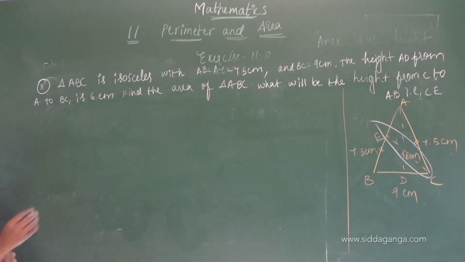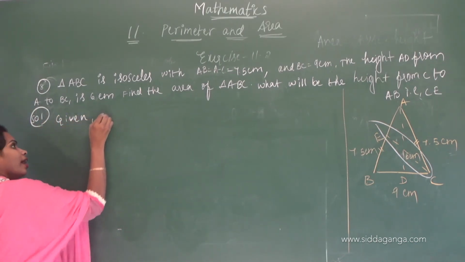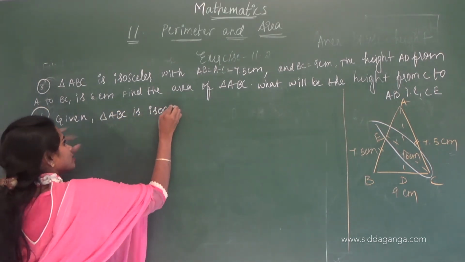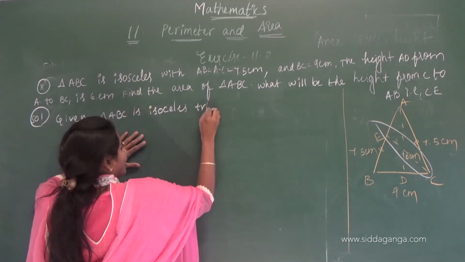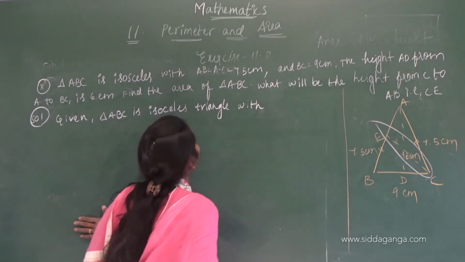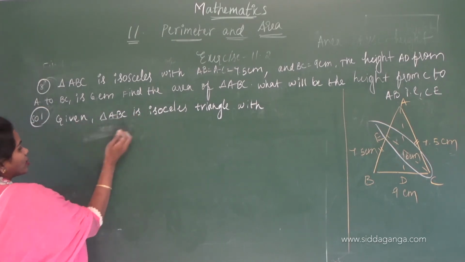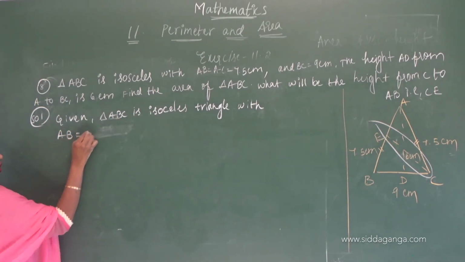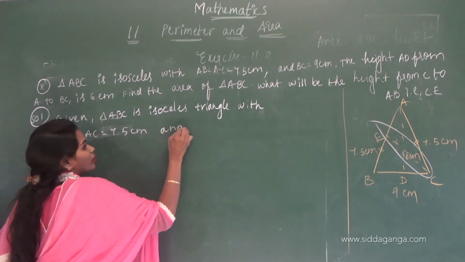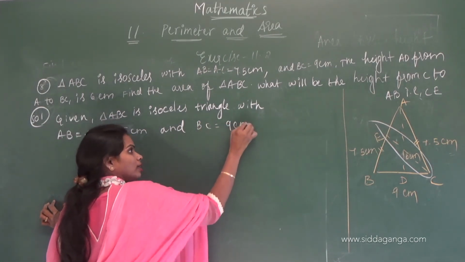Children, given: triangle ABC is an isosceles triangle with AB equals to AC equals to 7.5 centimeters, that means the measurements, and BC equals to 9 centimeters.